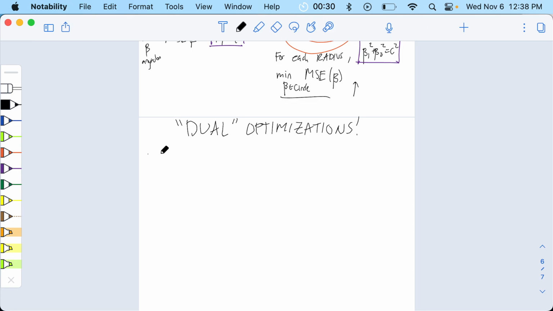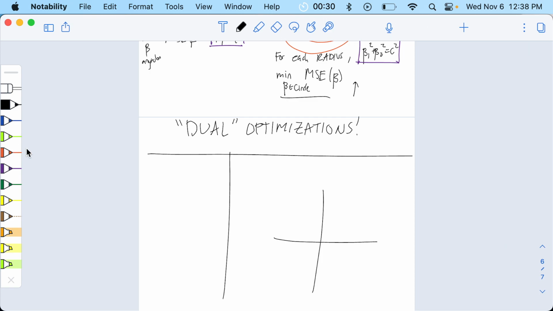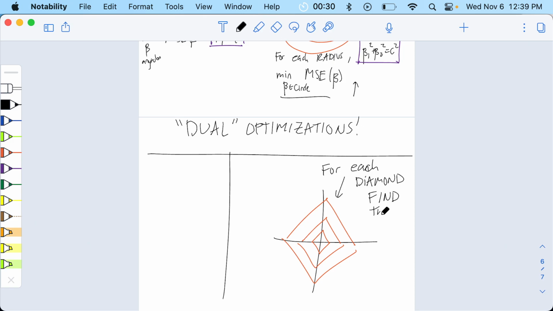So for lasso regression, here's the picture that I want you to think. You have the axis, and what you're doing is you're drawing circles, but circles are now diamonds. So for each radius, and radius just means the value of this diamond, for each diamond, find the minimum of the mean squared error.